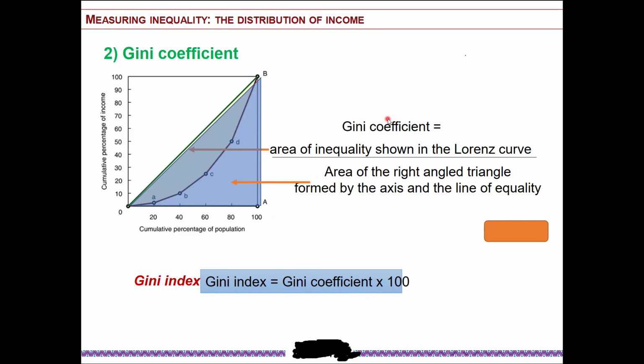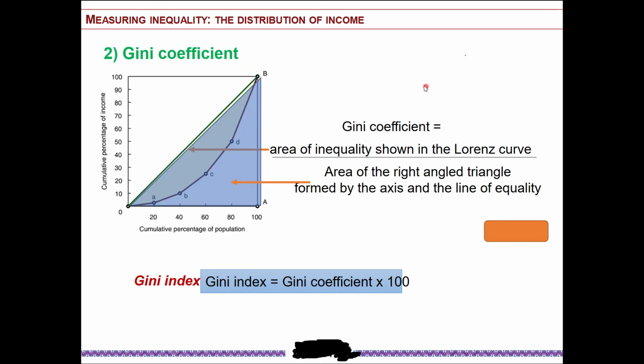When you calculate the Gini coefficient, it will vary between 0 and 1. If your answer is closer to 0, maybe 0.4 and below, it means there's a low degree of inequality.